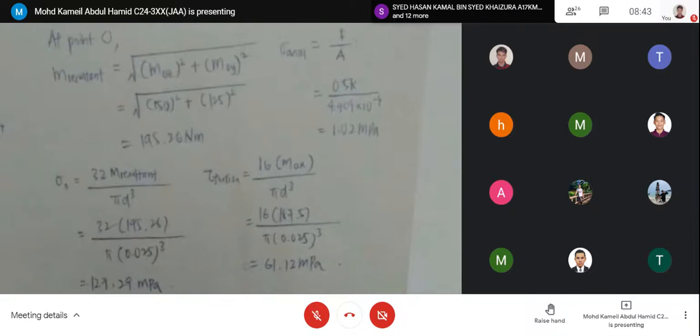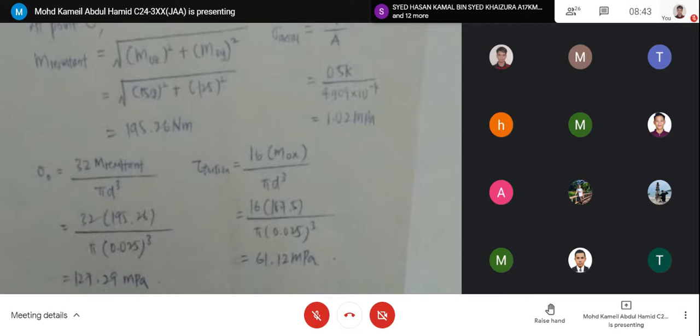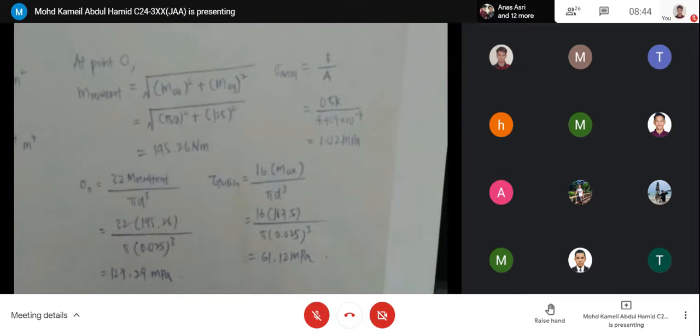For torsion, you have to use this shear stress formula. The shear stress is equal to 16 times torsion MOX over pi d cube. So that is another loading at that point O under torsion.